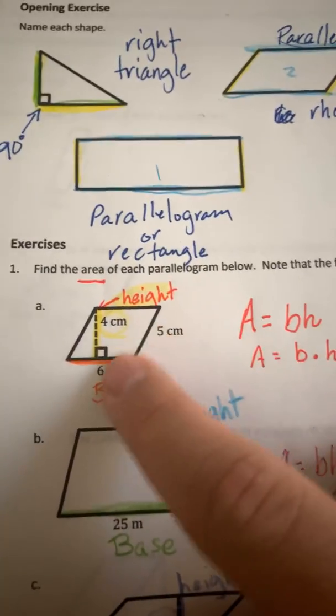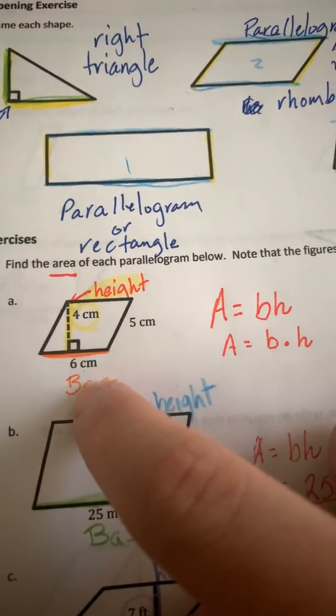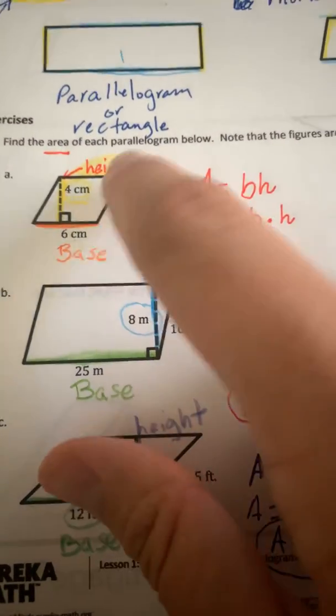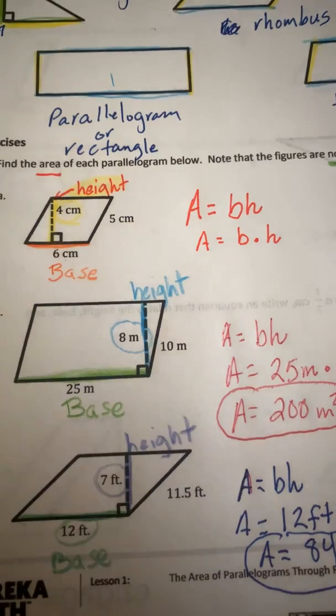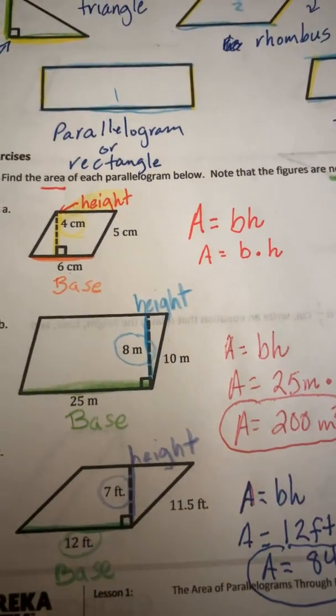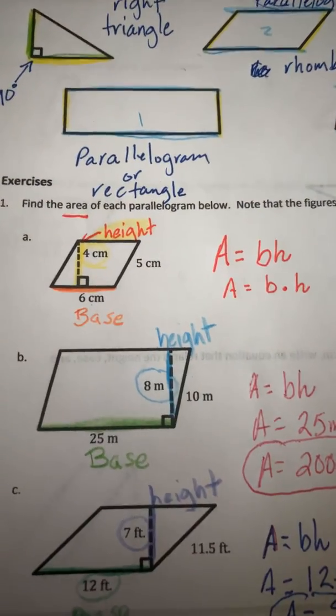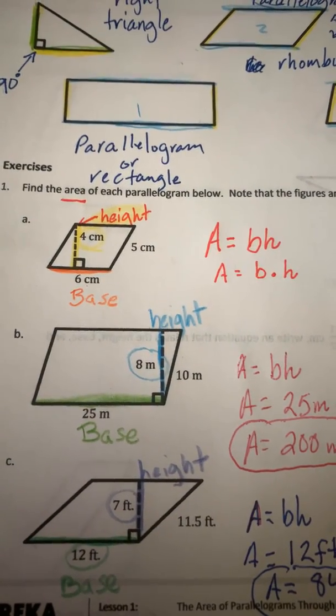They gave us that for free. What we need to find out and label is our height, just like right here. You see how I labeled them base for all of them, and I also labeled them height. Okay. It's asking us to do that because it helps you guys. It's with the practice. Hopefully in the future you don't need to write down the words, but it's good for starting off right now.